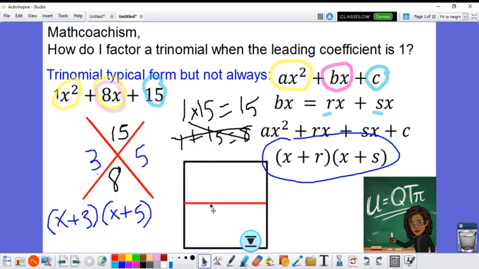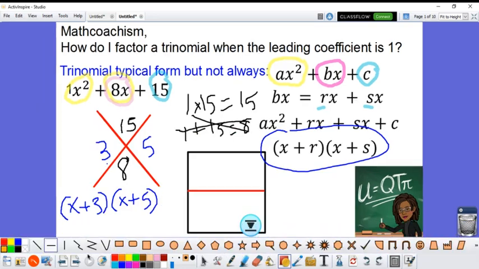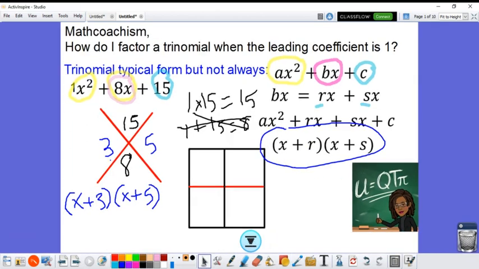I like to check the work with an area model. So let's use this area model to check our work. I normally put the first factor on the top. It really doesn't matter. It's just up to you and your preference. So I'm going to put x and 3 at the top and x and 5 on the side.